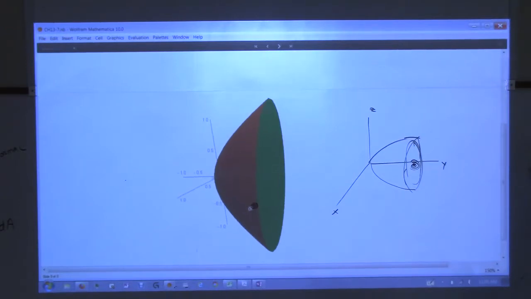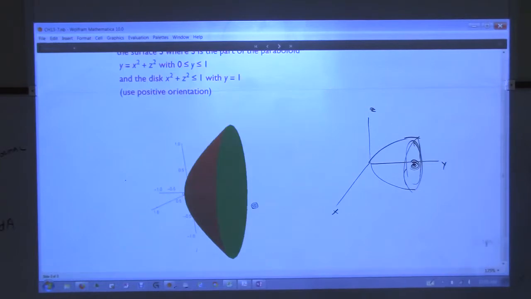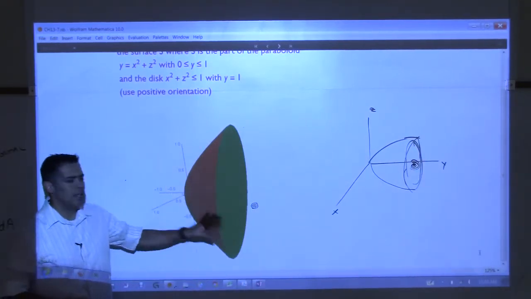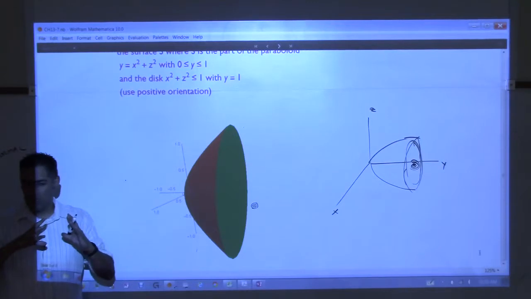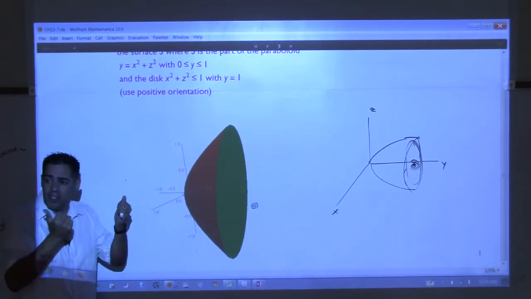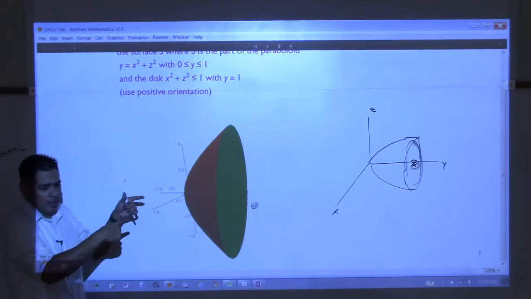So this is our surface, and what we need to do is find a way to calculate the flux across that surface. We're going to use positive orientation, which means that since this surface encloses a solid, we want all our normal vectors to be pointing away from the interior of this solid.